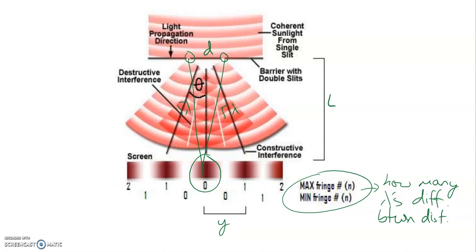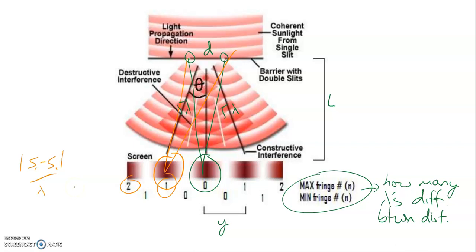But if we go further out, to this one over here, the second distance is obviously further, by 1 wavelength, and that's why the fringe number is 1. This one here is 2 wavelengths farther away from the second opening compared to the first opening, and that's where the fringe numbers come from. Now this should sound familiar. It's the exact same idea that you did way back with basic two-wave interference.